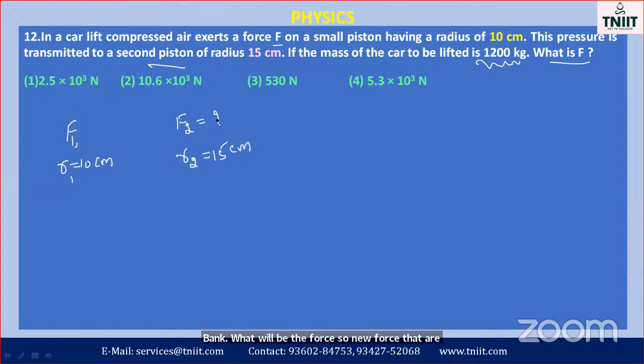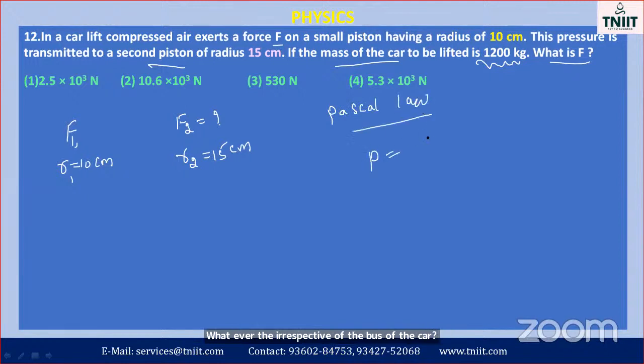Students, irrespective of the mass of the car, you know that according to the concept of Pascal's law, the pressure exerted should always be constant throughout the medium. How much pressure are you going to change at any particular point?